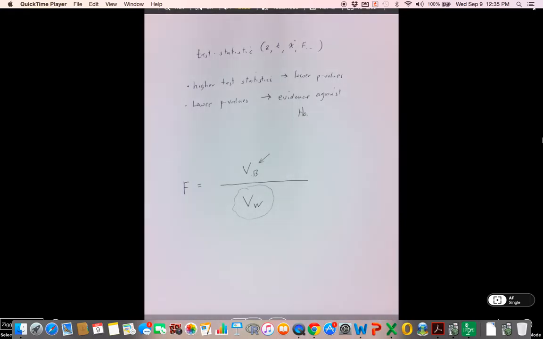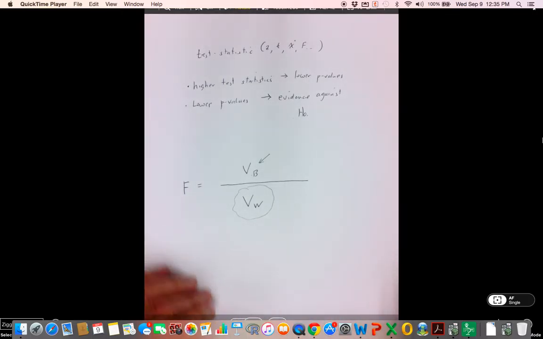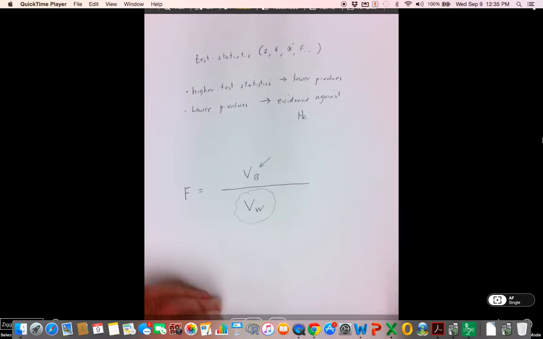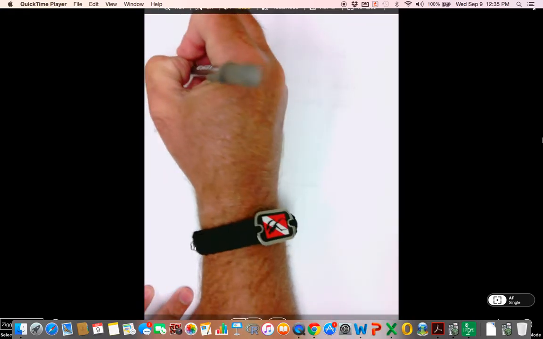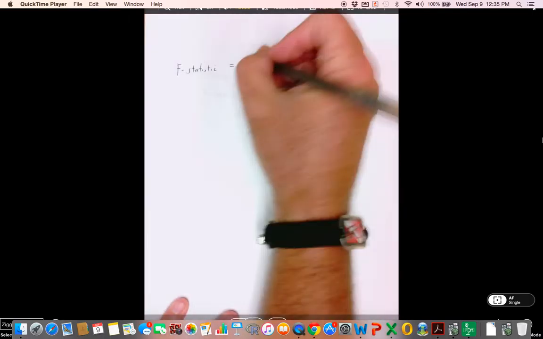Well, it turns out that it gets even a little bit cooler. Now, what's the formula? Well, the formula for the F-statistic turns out that we give this variance between and variance within fancier names.